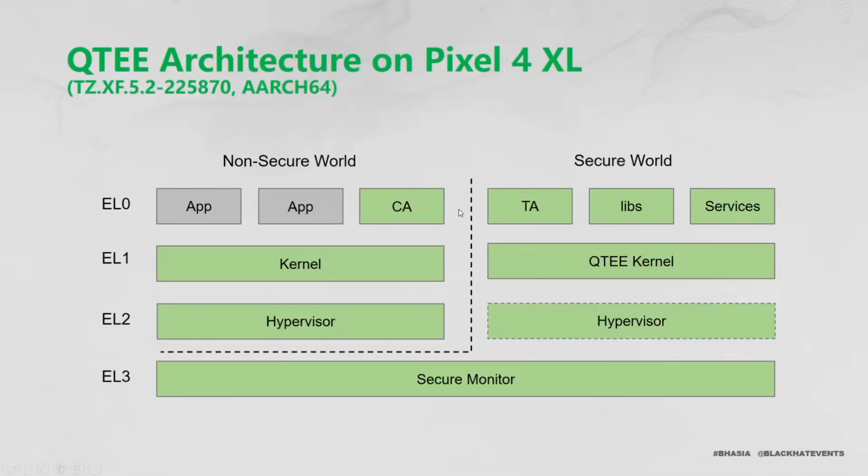And when TrustZone is introduced, there will be a secure mode which has its own user space, kernel, and hypervisor. And to interact and switch between the two worlds, a secure monitor will be implemented.